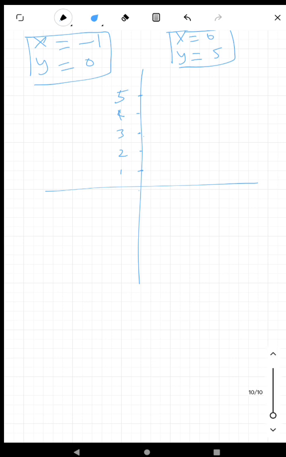When x is 0, y is 5. So this is the point here, where x is 0 and y is 5. And of course, we knew that before because the y-axis intercept is that constant.